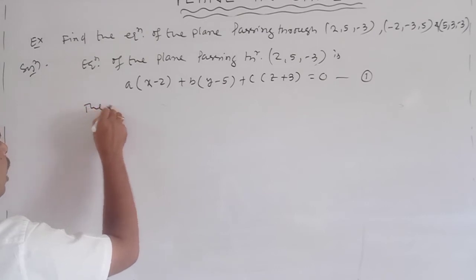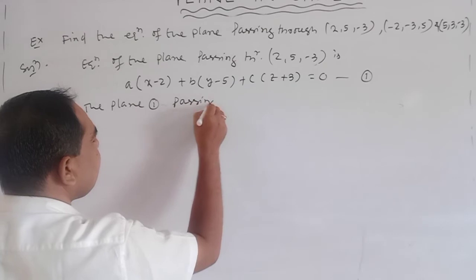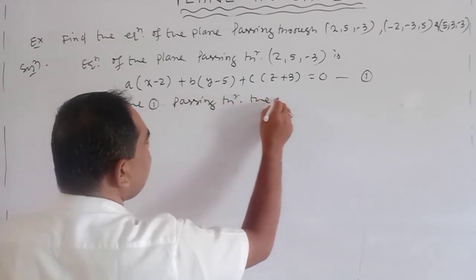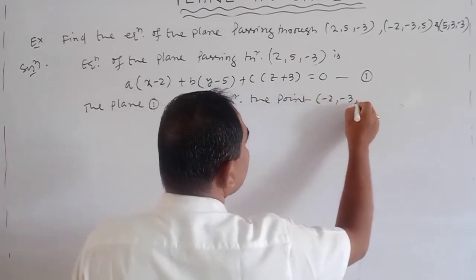The plane 1 passing through the point (-2, -3, 5).